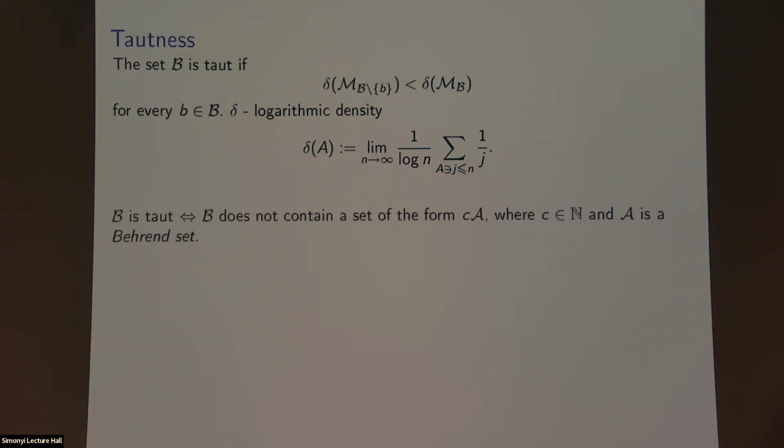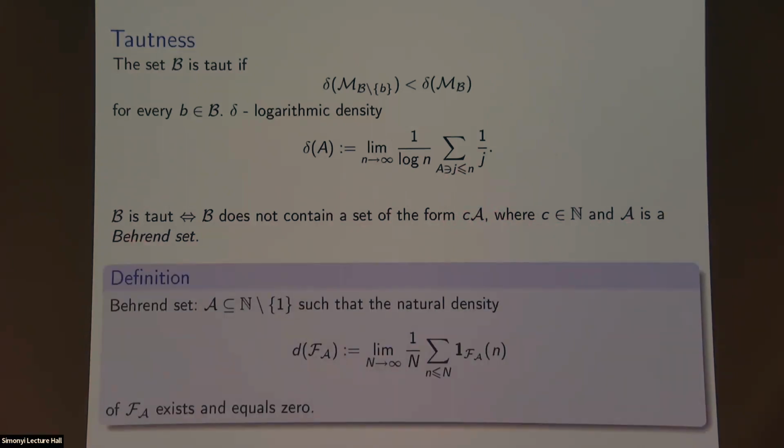And again, there is an arithmetical condition equivalent to tautness, namely, B does not contain any set of the form C times A, where C is a natural number and A is a Behrend set.